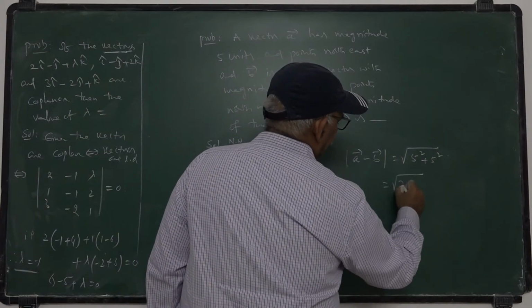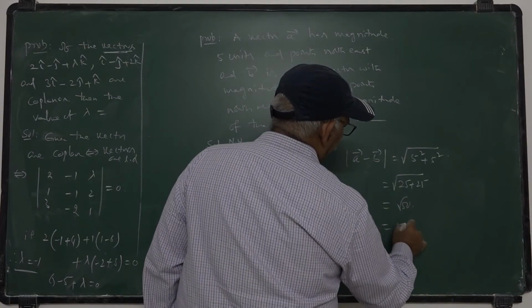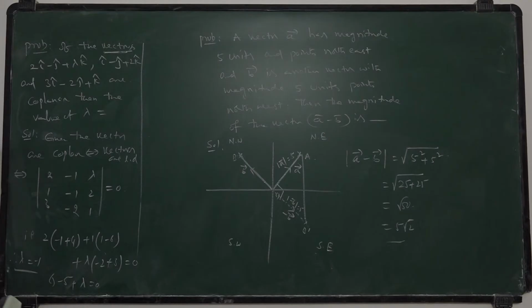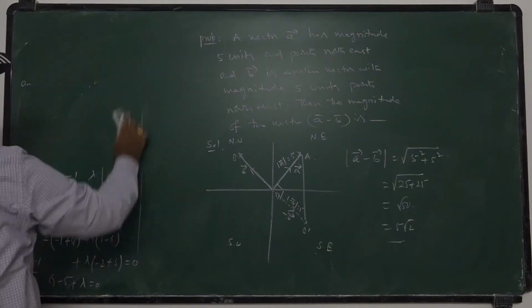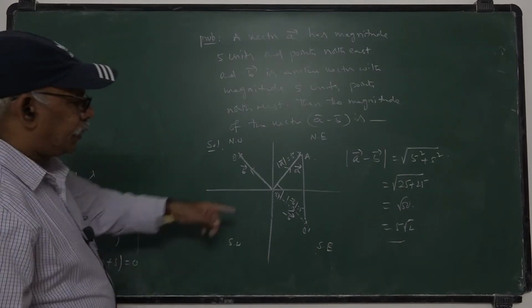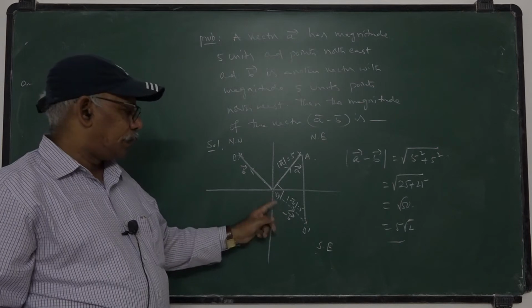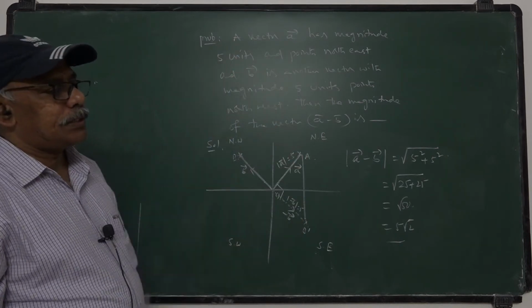So this is 25 plus 25, root 50, 5 root 2 is the required magnitude of A bar minus B bar. We are taking the opposite direction vector as minus B bar. Once you add these two vectors, the resultant vector is this.